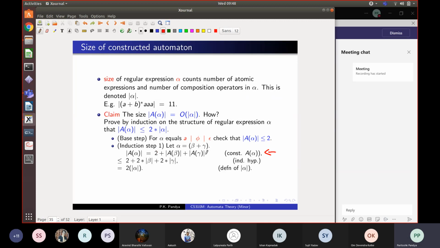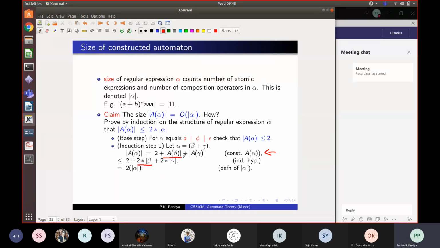Now, by induction hypothesis, we can assume that for the simpler expression in size called beta, we know that the size of A beta is at most 2 times the size of beta. Right? So by induction hypothesis, we can replace this term by this term.